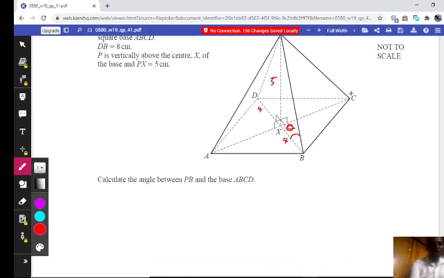You just take this triangle here, like this. There's a 4 here, then a 5 here. This one is PX, then B here. Then you want this angle theta. That's the angle that you want.